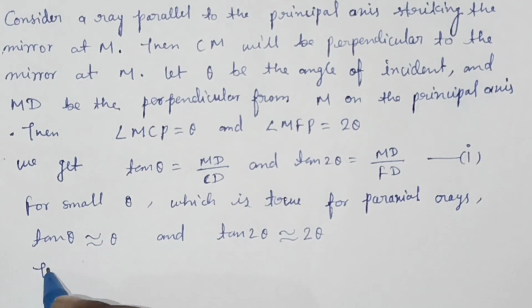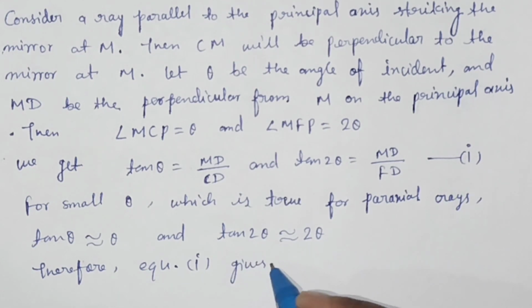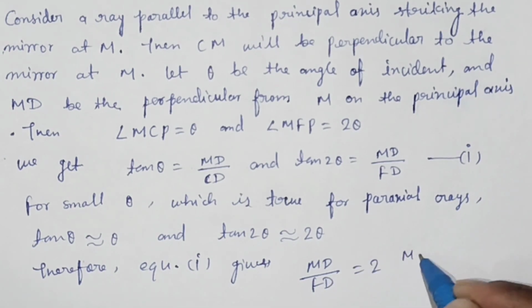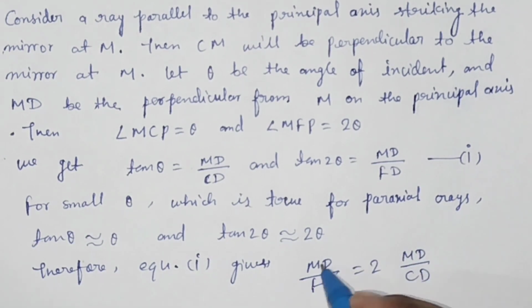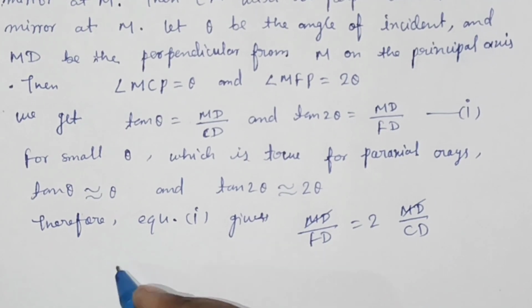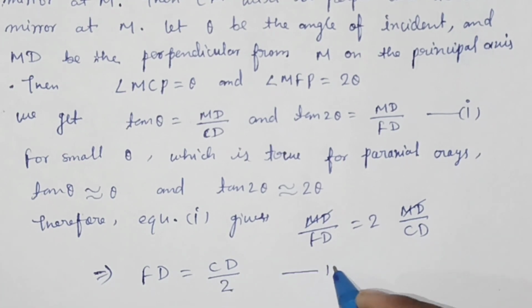Therefore, equation first gives MD upon FD is equal to 2 MD upon CD. So MD cancels. Clear? And this implies that FD is equal to CD upon 2. This is equation second. Clear?